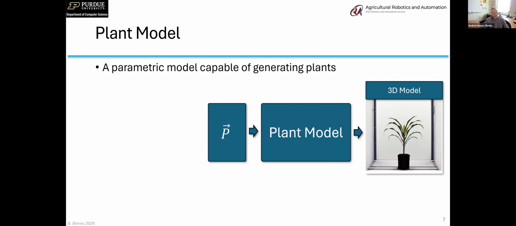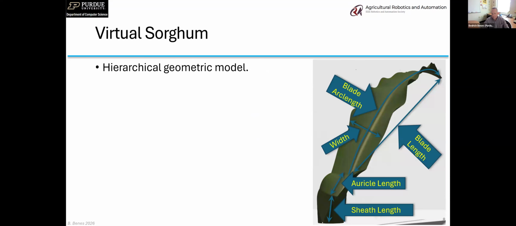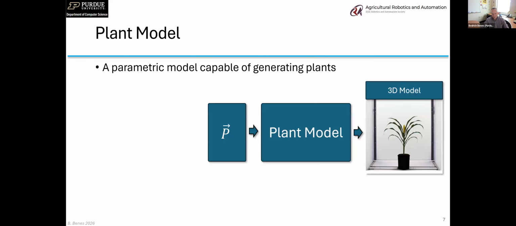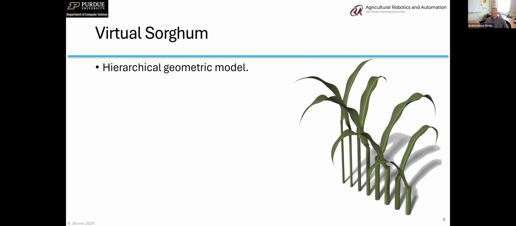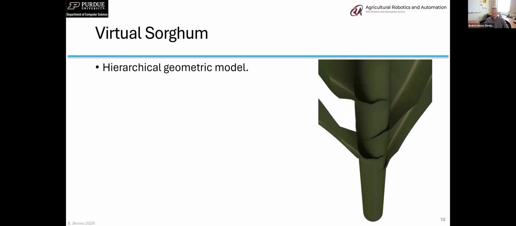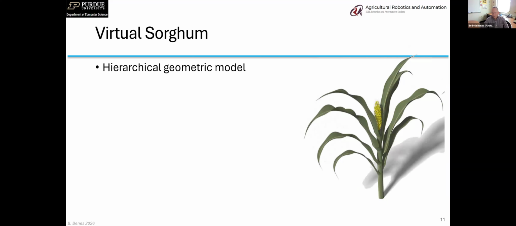Now, here's an example of parametrization of sorghum where we worked closely with people in agriculture and we parameterized the leaf into sheath, auricle, width, blade arc length, blade length, and all these parameters were exposed, as in the previous slide, as a set of parameters P. Then we took several of these leaves and put them together into a three-dimensional model, and we ended up with a hierarchical geometric model.